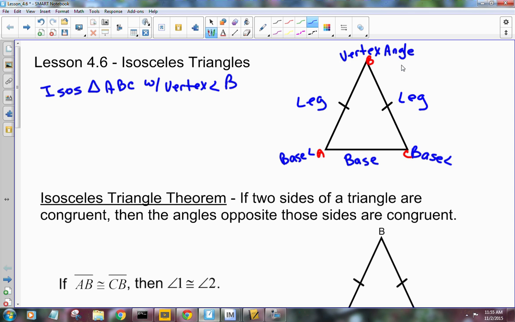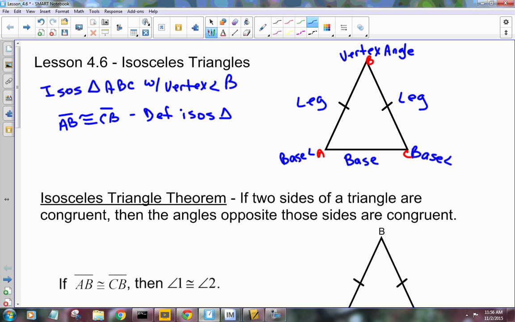Now, just because it says it's an isosceles triangle, you can't just forget about the fact that the legs are congruent, because you know that they are, but it needs to be stated. So if they give you this information, make sure you use it and you state that AB is congruent to CB, and my reason would be the definition of isosceles triangle.